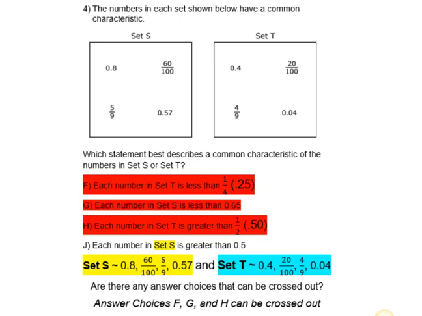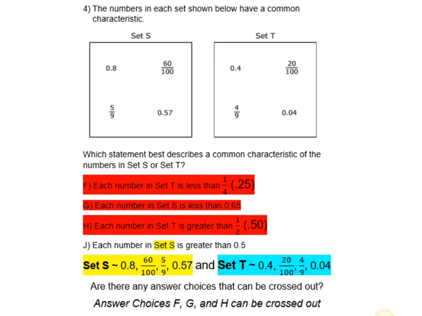Looking at answer choice G, each number in set S is less than 0.65. Again, looking at 0.8, we know that this is incorrect. 0.8 is actually greater than 0.65, so we can cross that answer choice out.